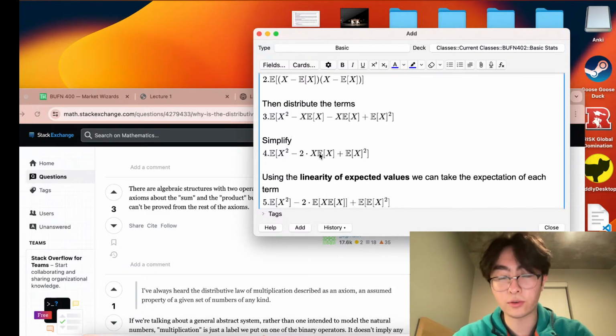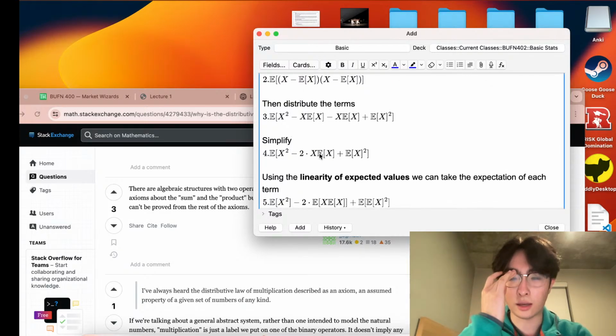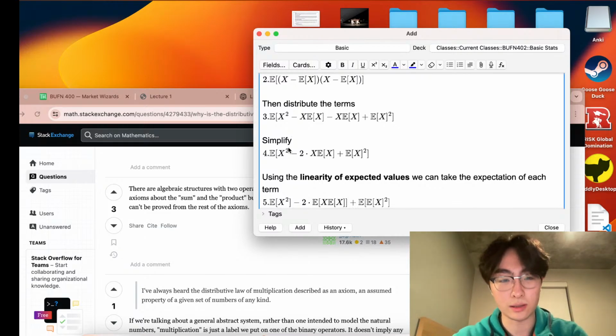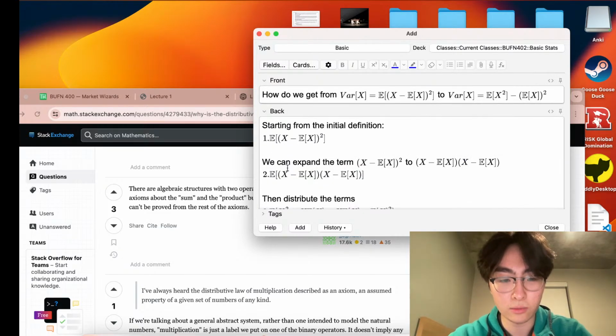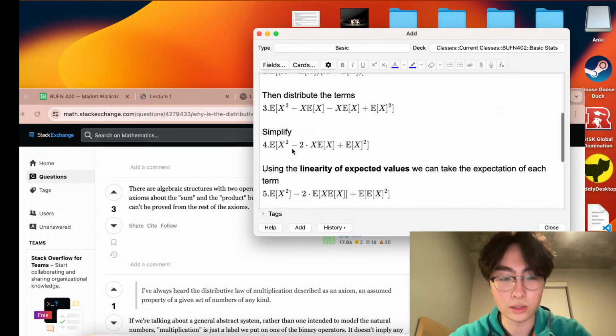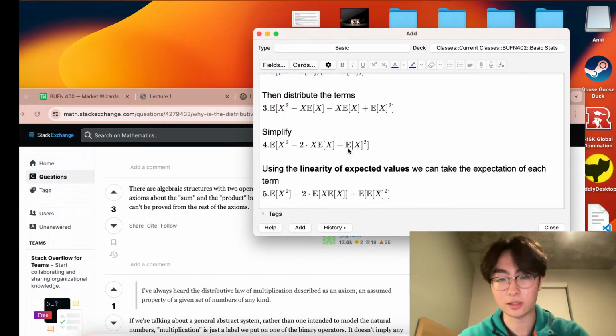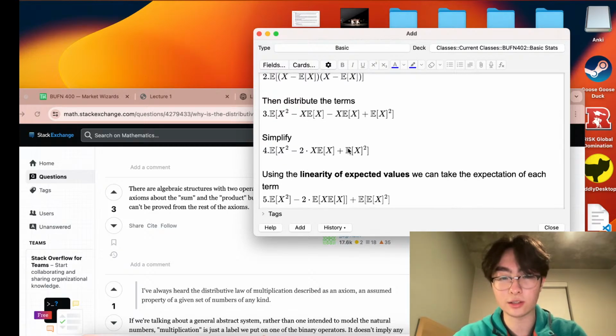This is where I really got stuck, because I didn't really know where to go from here. I didn't fully understand yet that when you have the expectation out here, you can take the expectation of an expectation, and that'll just give you the expectation itself. So you can treat e of x as just ex, because ex is just a number.